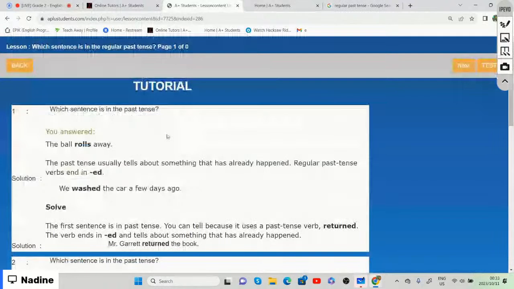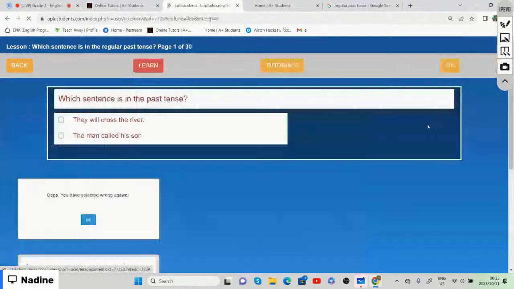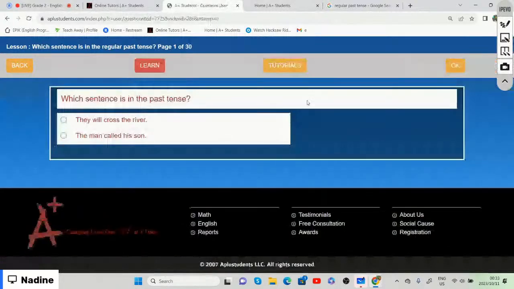So now we are going to have to say which sentence is in the past tense by doing the test. And remember, we said with regular past tense, we either just add a D or we add an ED. And this shows us the action that takes place in the past tense.